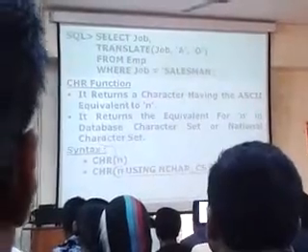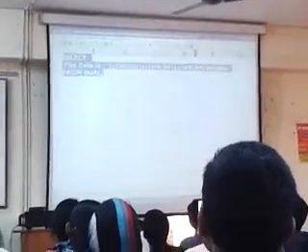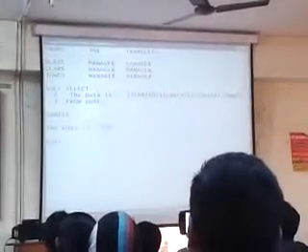Now technically, it may look like it's not a very great function, but every function has its own applicability. You just watch it. I'm calling the data as CHR of 67 concatenated with CHR of 65 concatenated with CHR of 84. So by the time you are closing this particular construct, it becomes CAT.